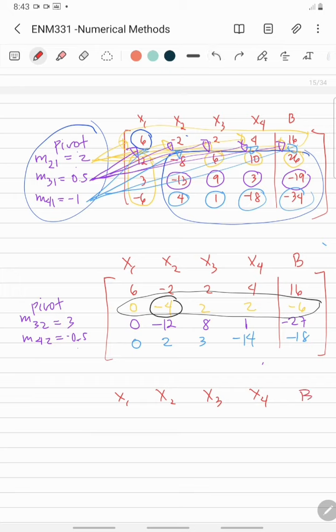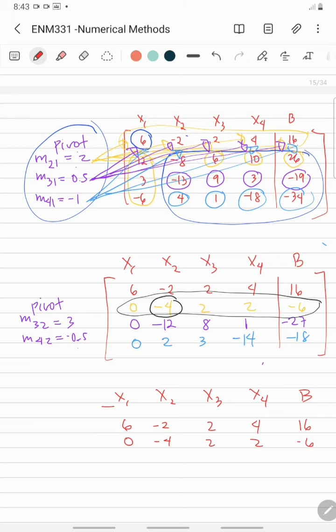We have here our constant as b. Then we have to copy the values of row 1 and also for row 2, which contains our pivot element. Then we have to change again the values of row 3 and row 4. This will eliminate x2.